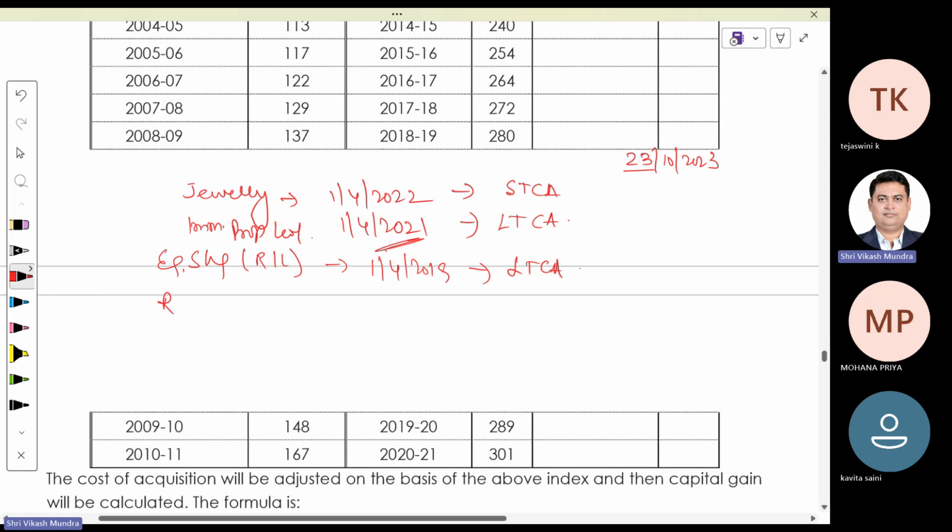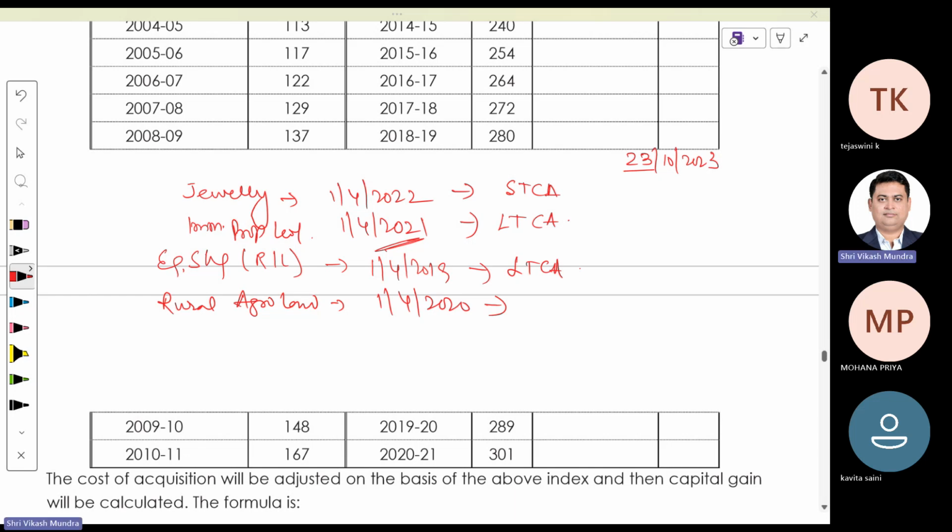I sold rural agricultural land purchased on 1st April 2020. Is it long term or short term? Please answer.